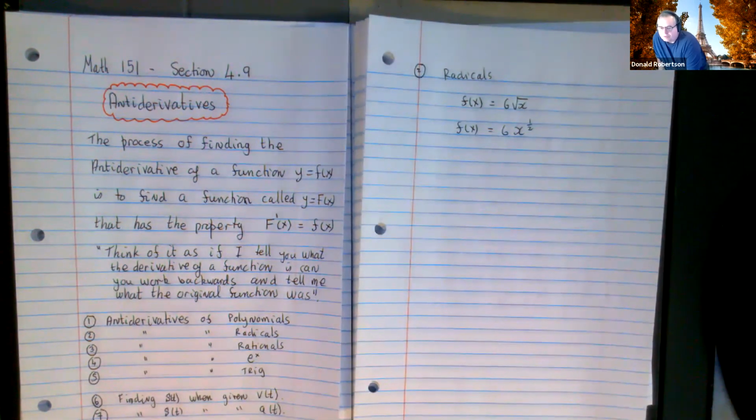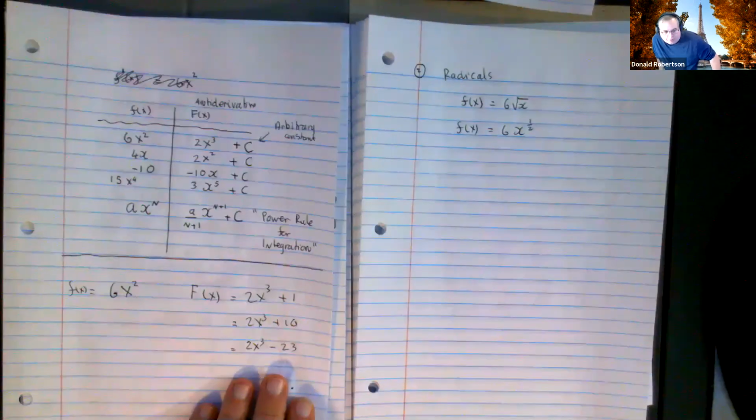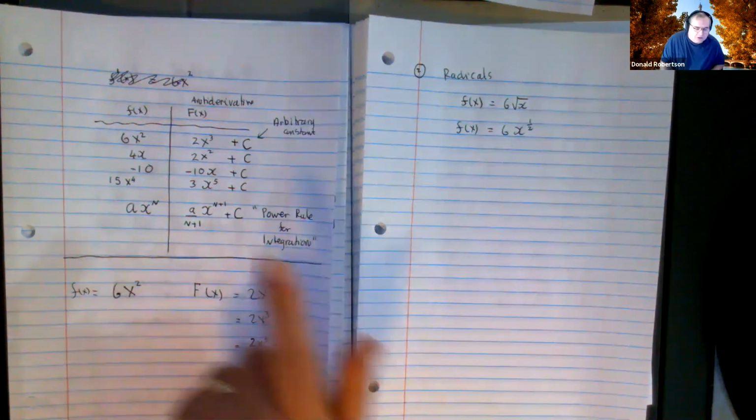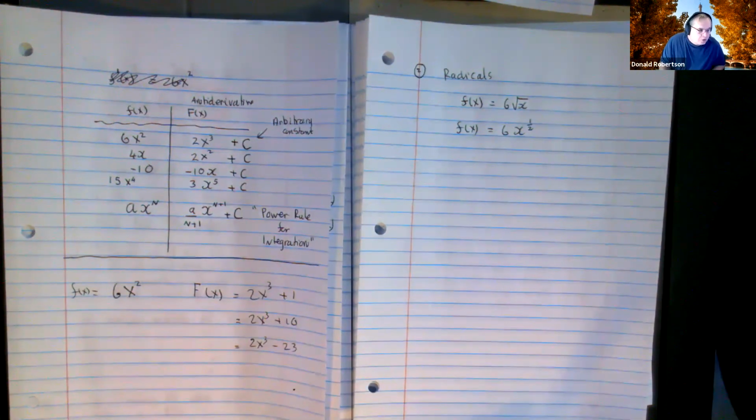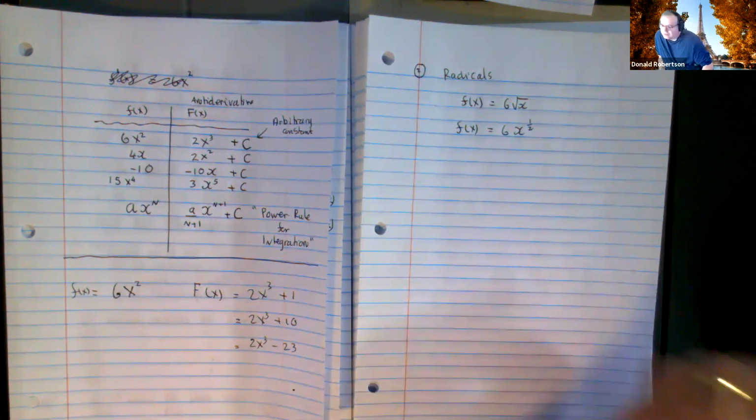Isn't that what I would be doing if I wanted to differentiate f of x? I'd also write it as a fractional power. And then some good news: the power rule for integration works even when the power is a fraction, as it is in this case.